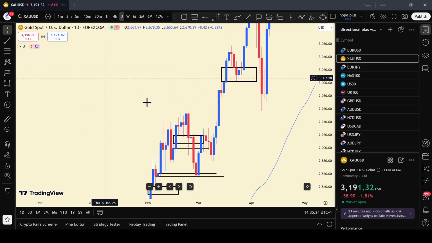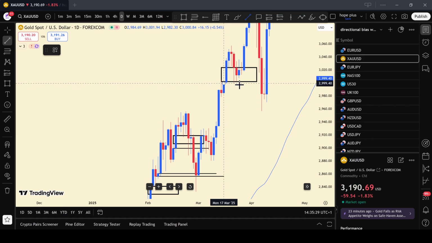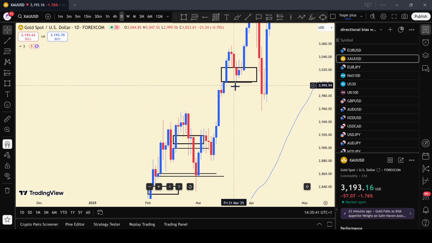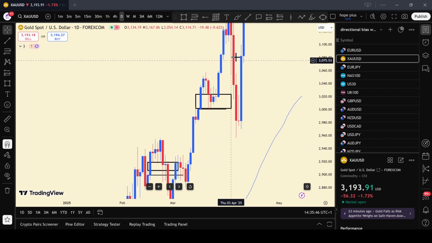There was nothing on the left. So in that case, I'll simply wait for this opening price to get tapped. Yeah. And as you can see, we have a kind of sniper entry, little or no drawdown, to push price to the upside. All right.